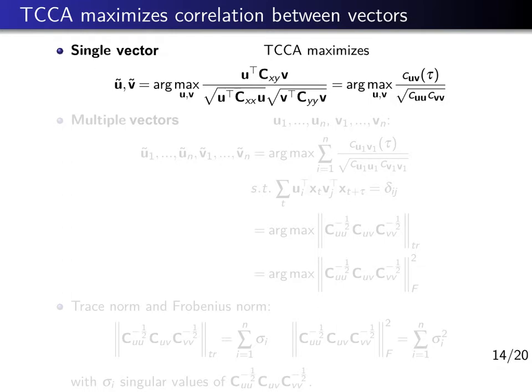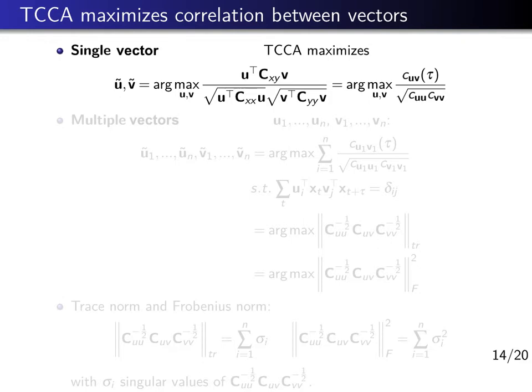Okay, and we start with TCCA, so time-lagged canonical covariance analysis. And here we simply borrow the properties from canonical covariance analysis that are well known. Let us start with a single latent space vector. So we use TCCA in order to encode the time series into a one-dimensional signal and then decode back to the original time series dimension.